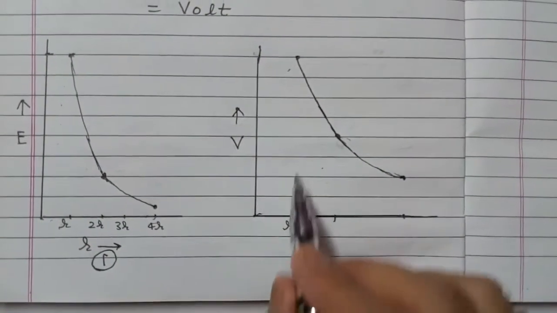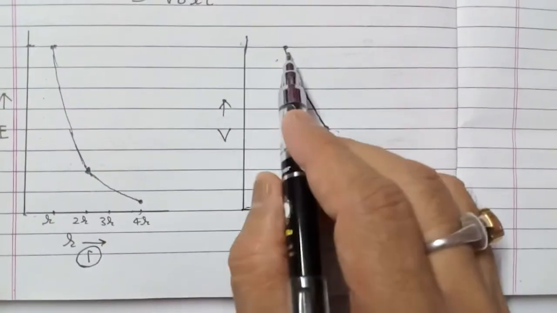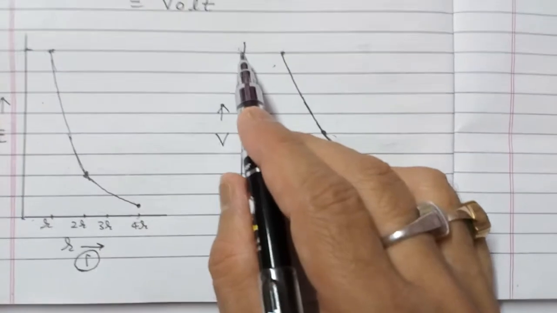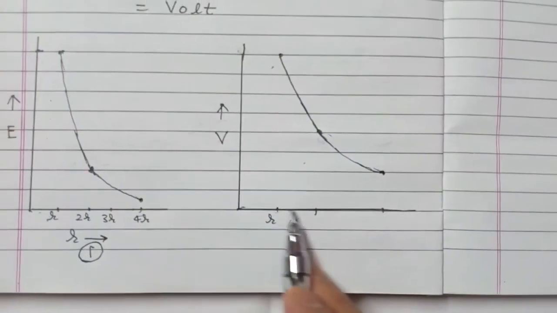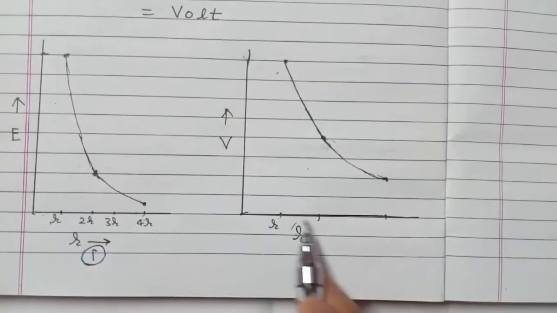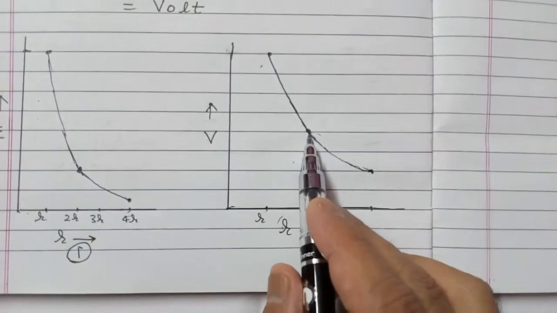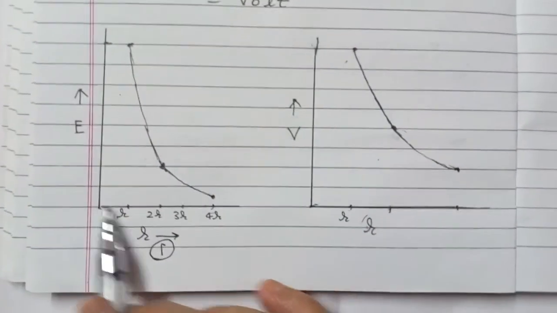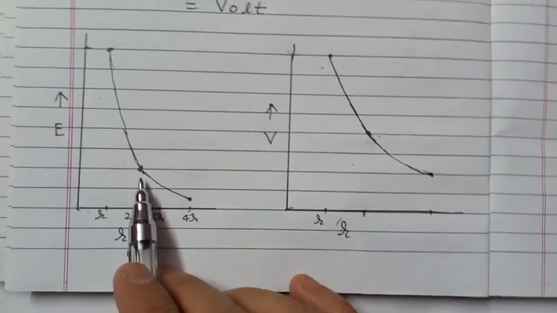Suppose at this point the value of V is V0, then as the distance becomes 2 times, the potential becomes half. But here, as the distance becomes 2 times, the electric field intensity becomes 1/4.